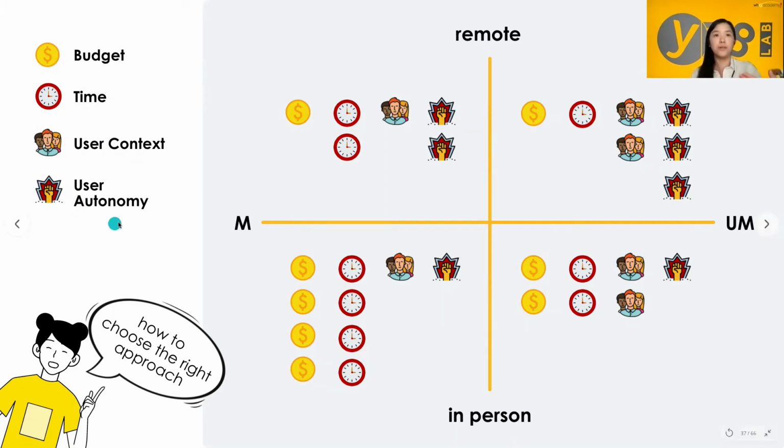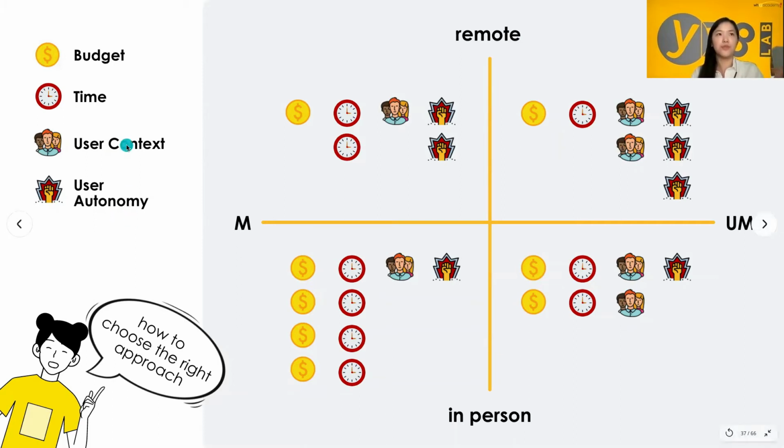So for example, let's say I have a lot of budget, I have a lot of time, it's a big project, right? So I allocate a lot of budget and time, but actually I don't really know the users quite well. It's quite general, not very targeted. And I don't feel that they will have a lot of user autonomy because this is quite a complicated test.